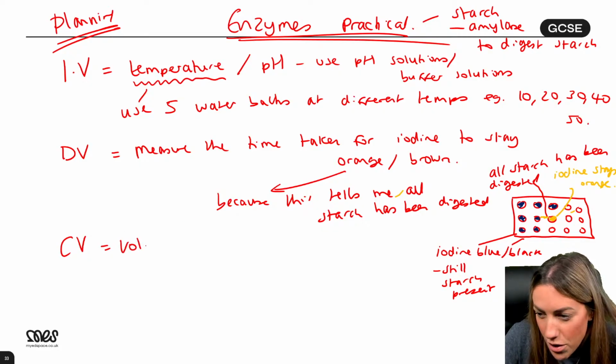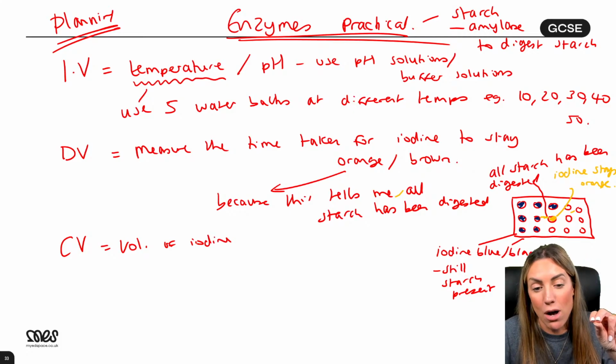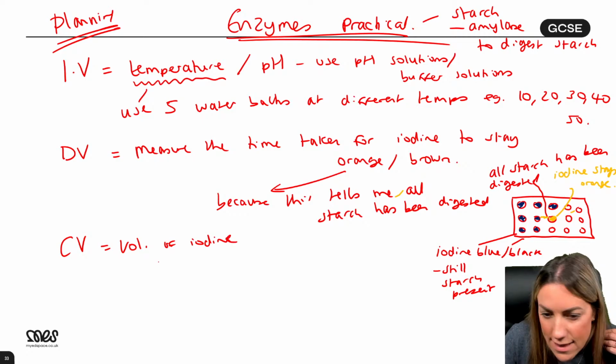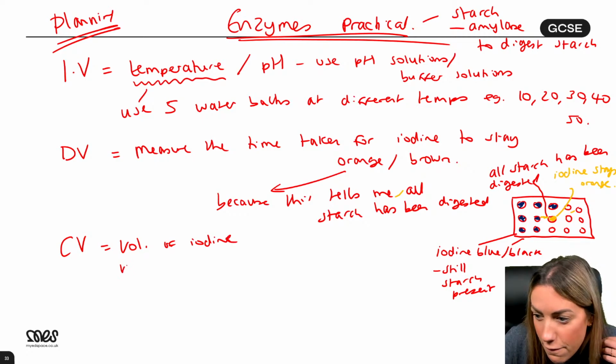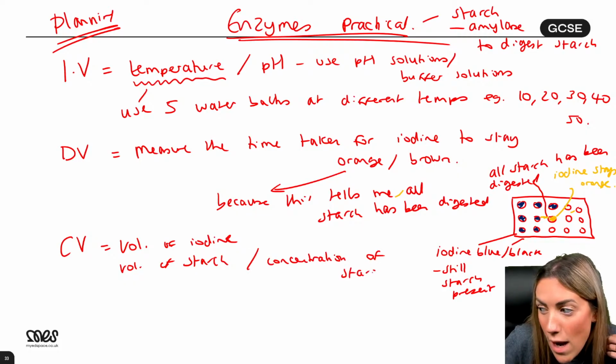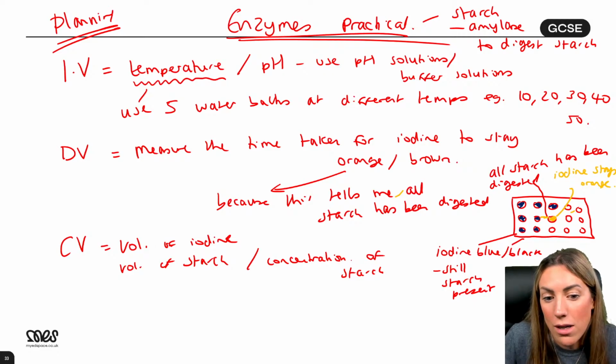Right, so in this one, you could go for volume of iodine. And remember, if you want to get 5 or 6 marks on a plan, you need at least 3. Volume of iodine. Volume of starch. You could even say concentration of starch. This is why most students don't get 6 marks because they forget the control variables, by the way.